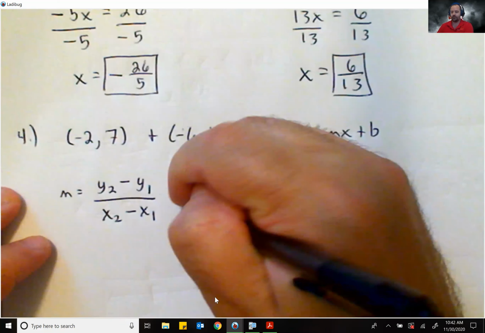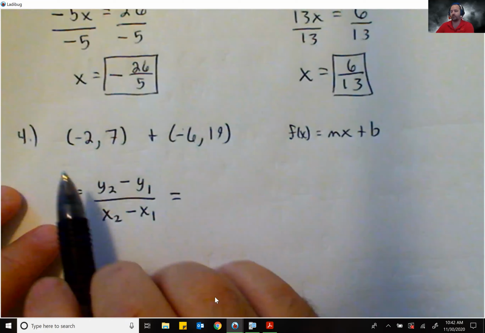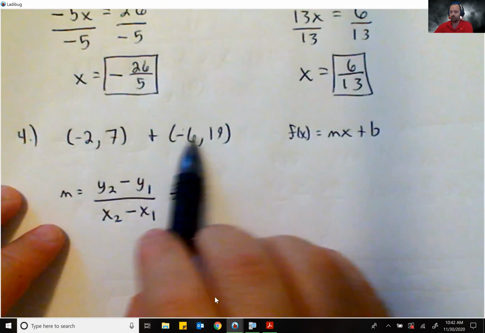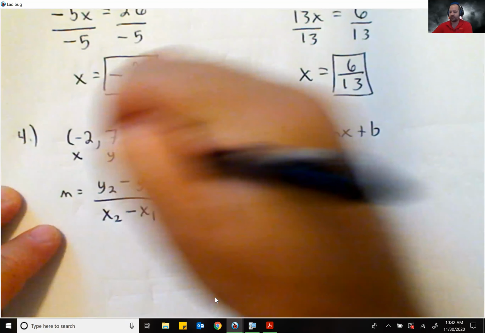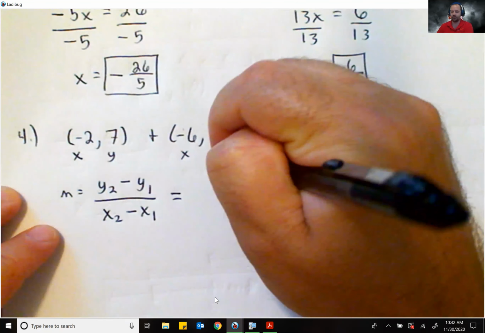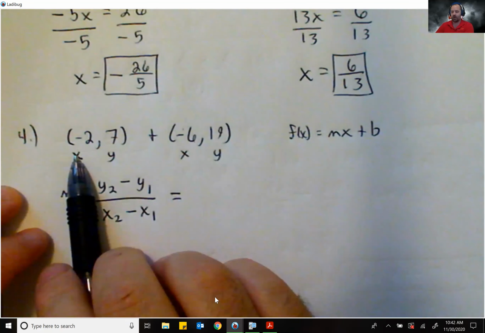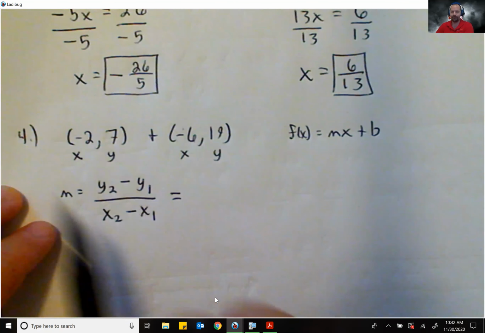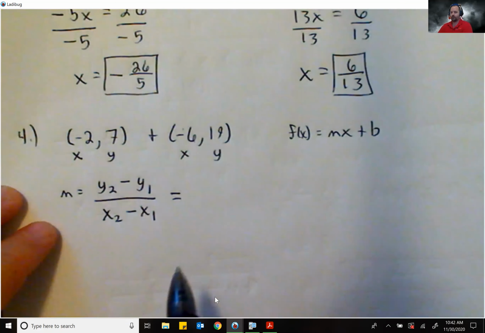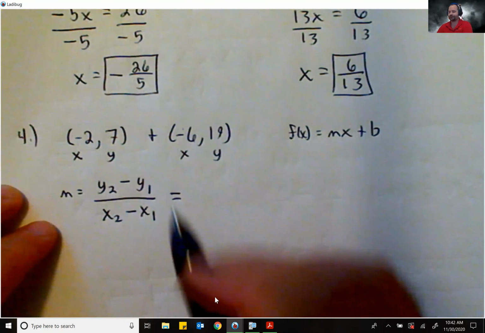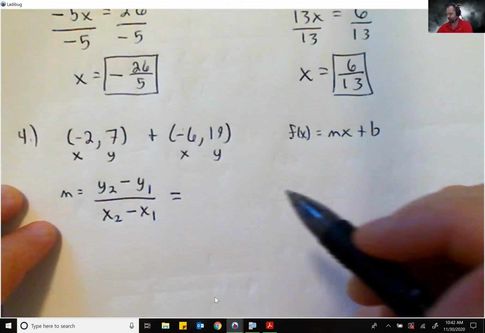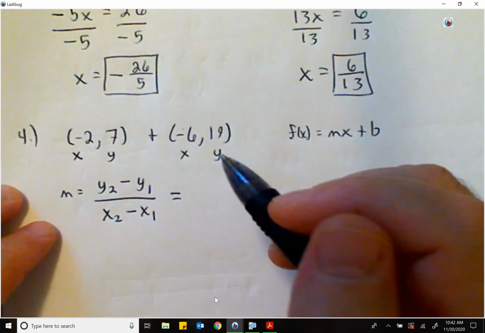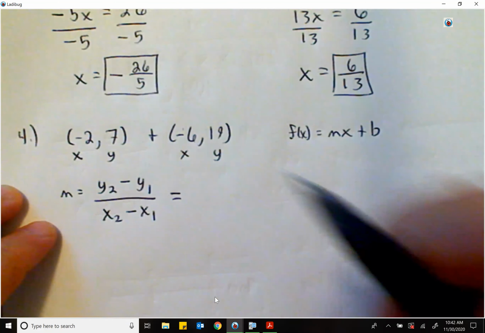Now, points are made up of x and y. I always like to label them so I know exactly who is who. This is x what and y what? Is that 1 or 2?